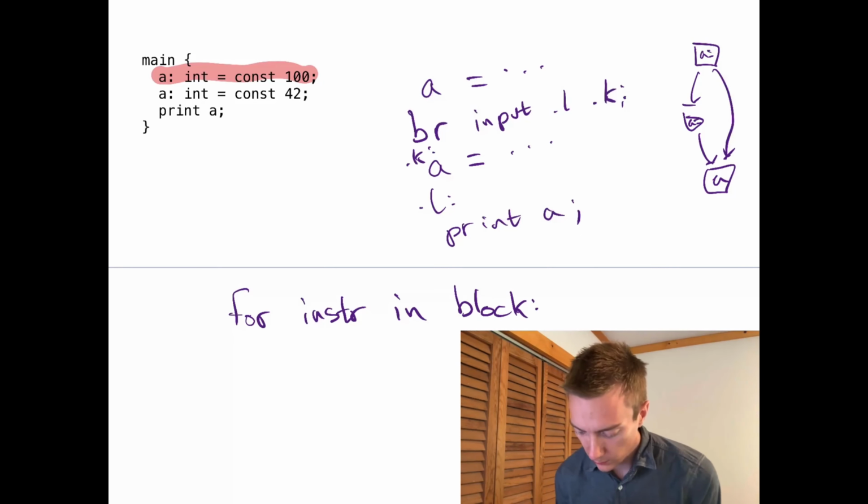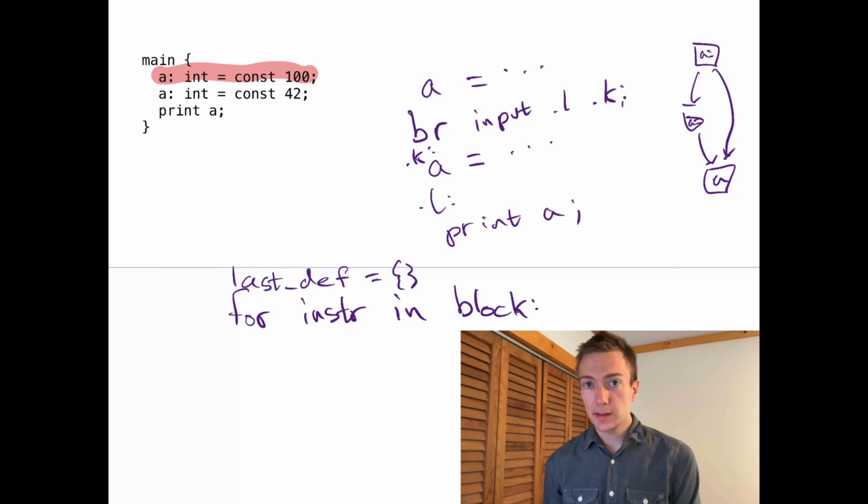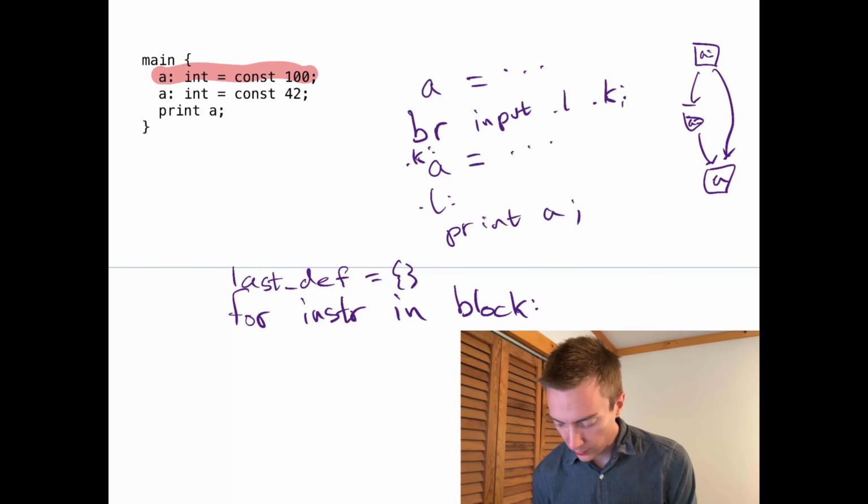So here's my idea. We're going to have a mapping called lastDef that keeps track of those variables that are defined but not used yet. And this is going to be a mapping from variables to instructions.